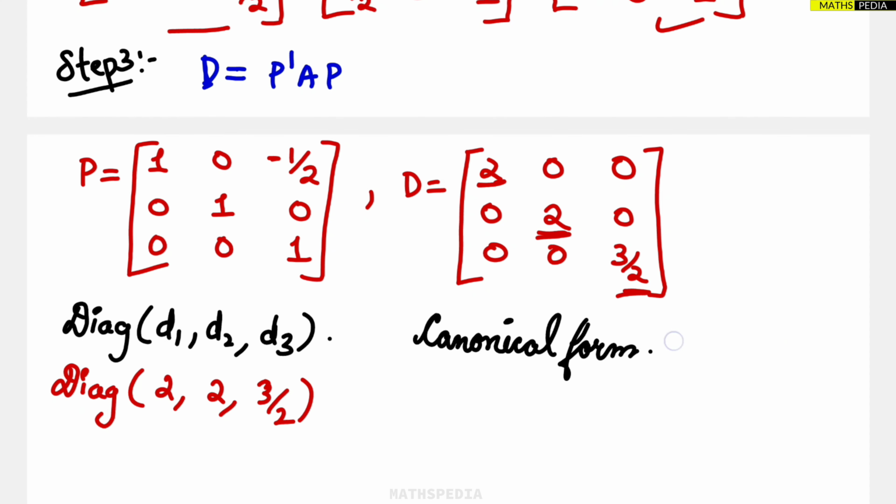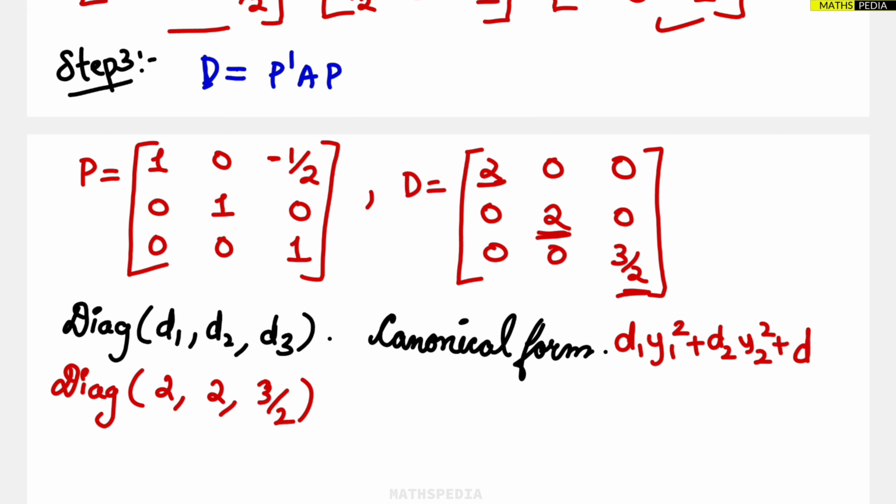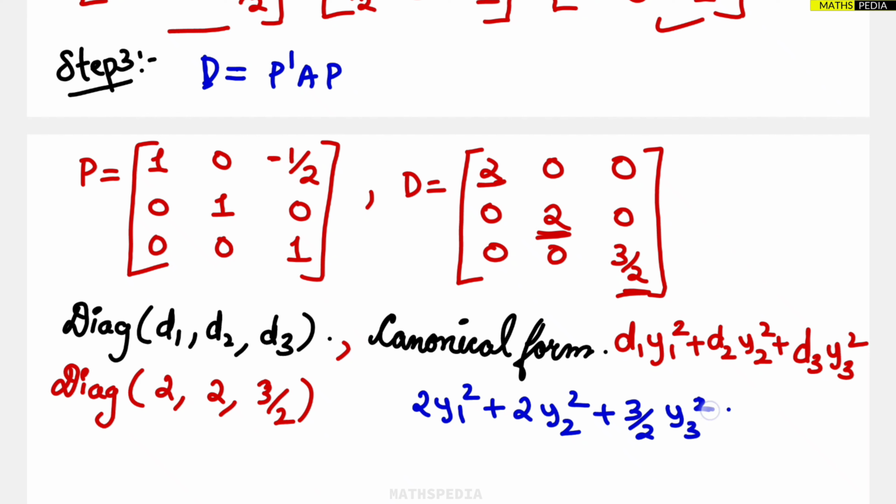Remember this form: d1 into y1 square plus d2 into y2 square plus d3 into y3 square. This is the canonical form. So that becomes 2 into y1 square plus d2, which is again 2, y2 square plus d3, which is 3 by 2, into y3 square. Done.